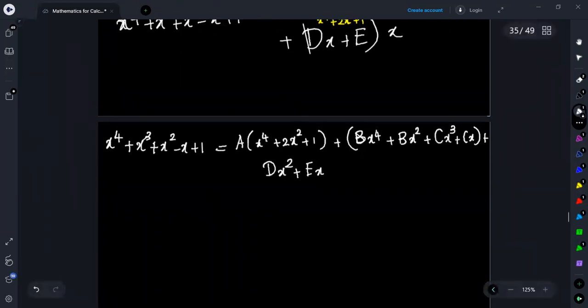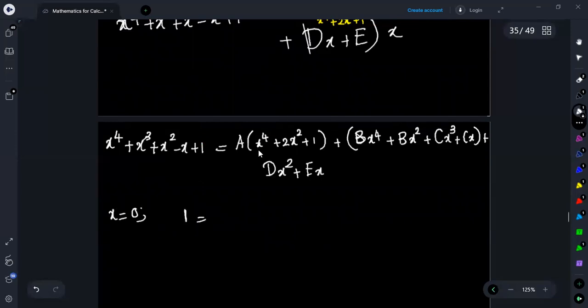Okay, now we can start with each case and obtain the respective answers. Let's start from x equals 0. x equals 0 means the terms independent of x, that is the constant term. Here if we substitute x equals 0, this is 0, this is 0, and the remaining part is 1.